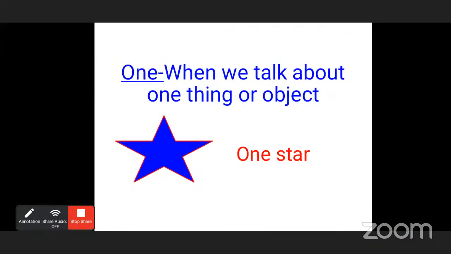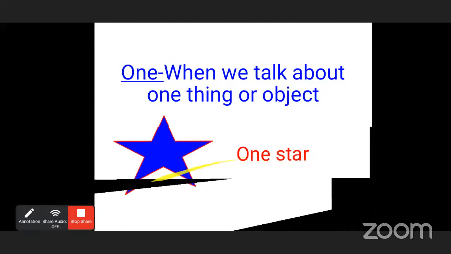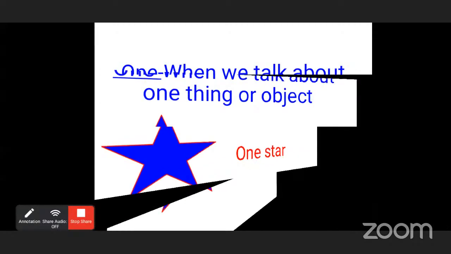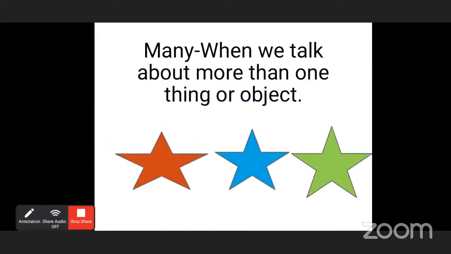See, students, there is only one star. Yes, one star. One means only one thing or object. Now we see the many concept. When we talk about more than one thing or object, how many stars are there in the picture?